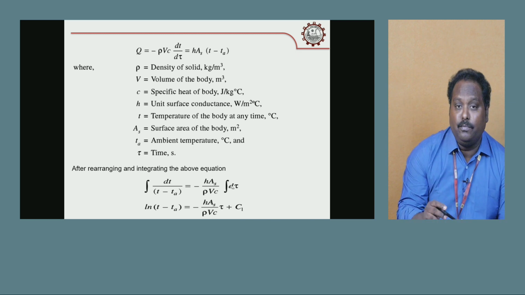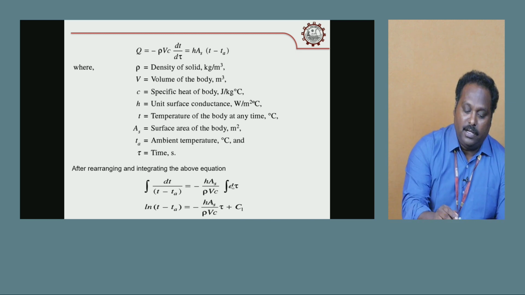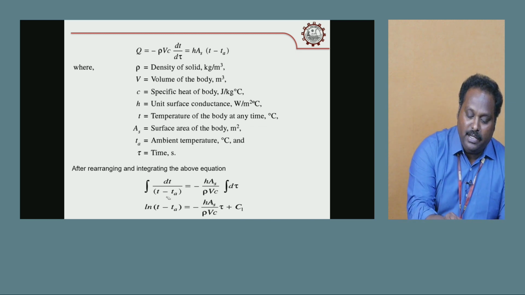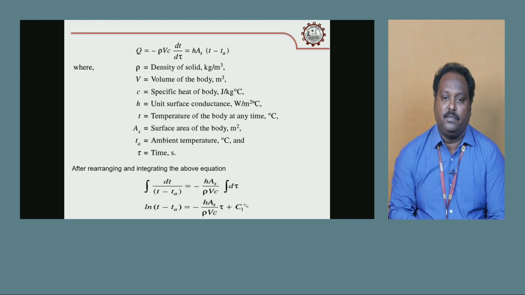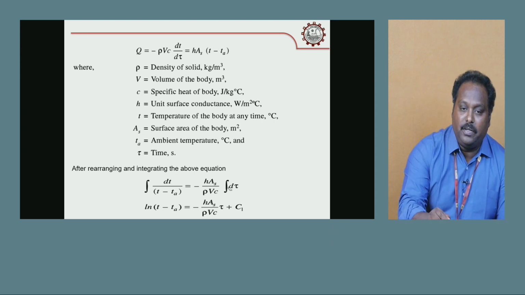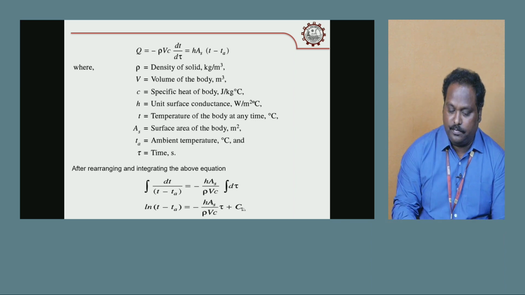Now we are integrating both sides. When you integrate anything in the form of dx by x, you can write it as ln. So ln of T minus Ta is equal to minus hA by rho V C into tau plus C1, where C1 is the integration constant.